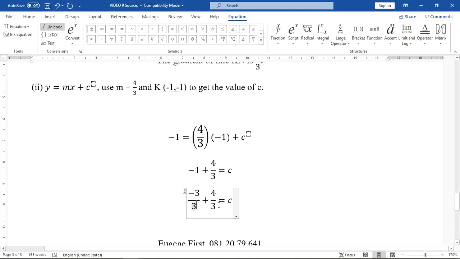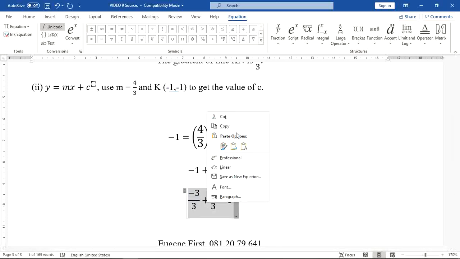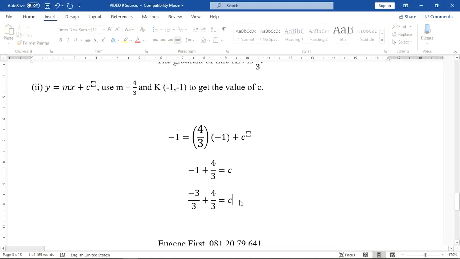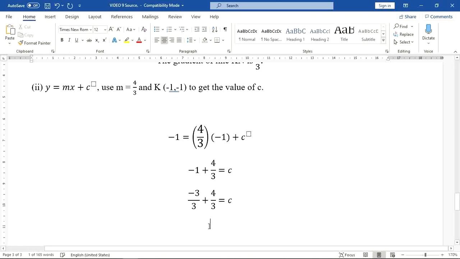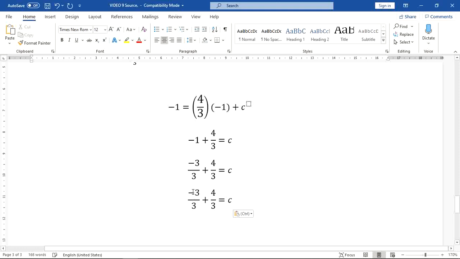Now that the denominators are the same, we can just manipulate the top part, because that's the basic concept of fractions. So you're always trying to make the denominators the same, and then you can work with the numerators.